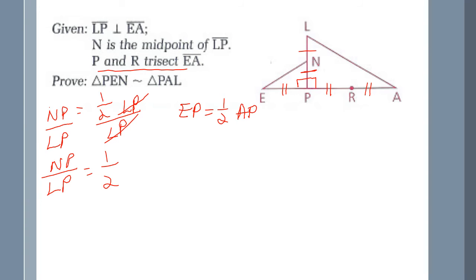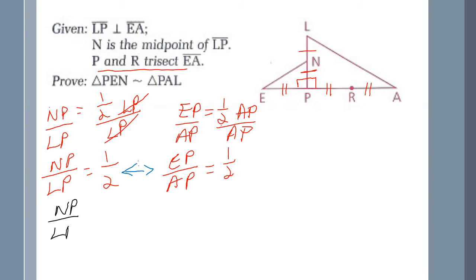So I would do the same thing again over here by dividing each side by AP, and I would end up with EP over AP equals 1/2. So now I can take these two statements here, and I can say that NP over LP is equal to EP over AP.